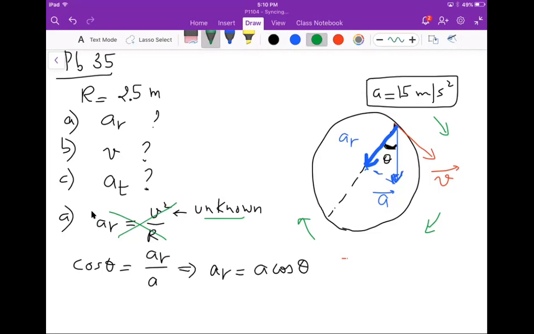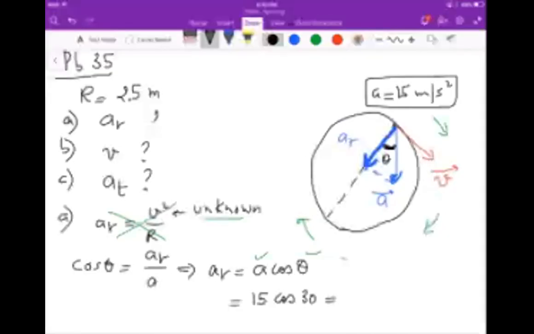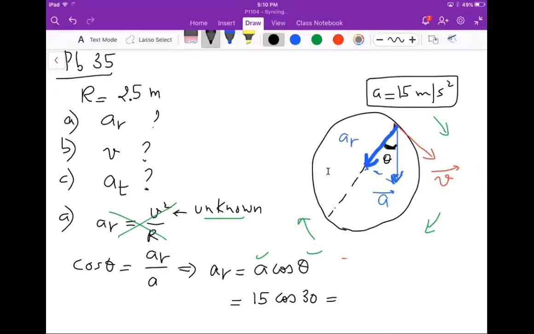As you can see, A is known and theta is known, so all we have to do is replace each term by its value. So AR is 15 multiplied by cosine 30, and that gives 13 meters per second squared. This is the value we had to determine.